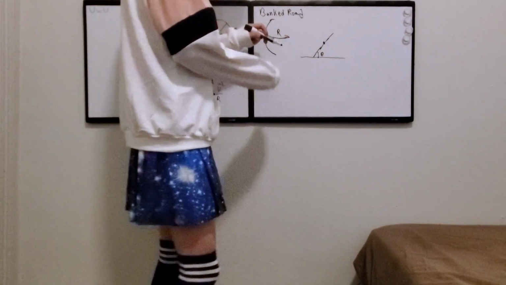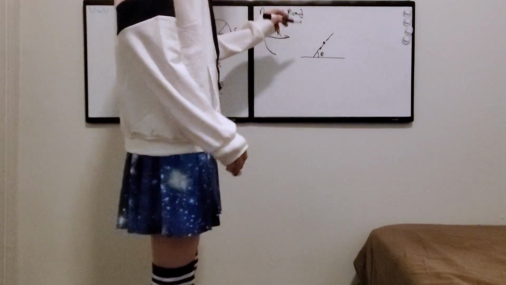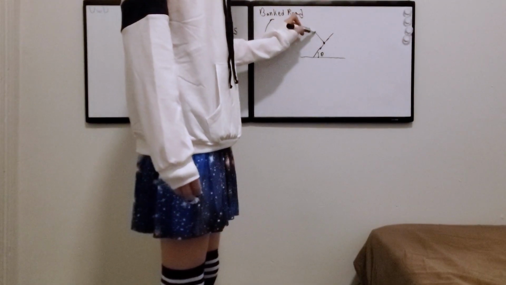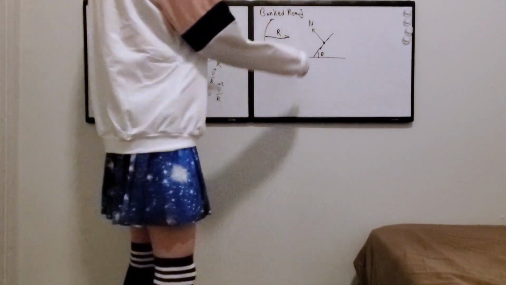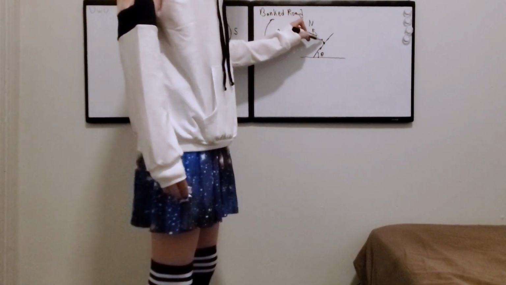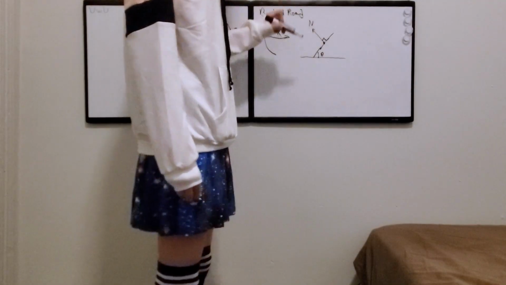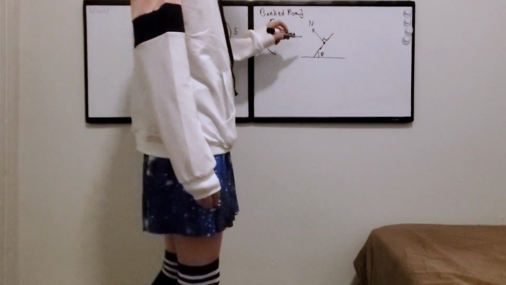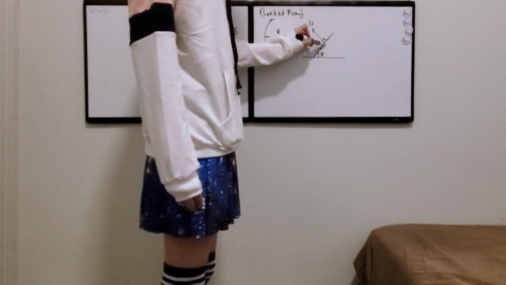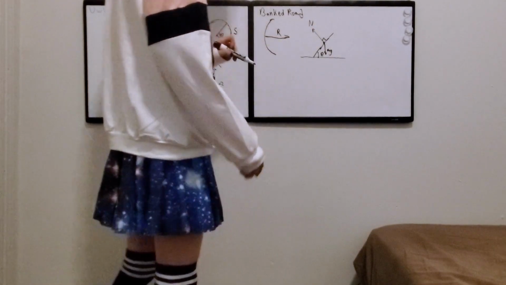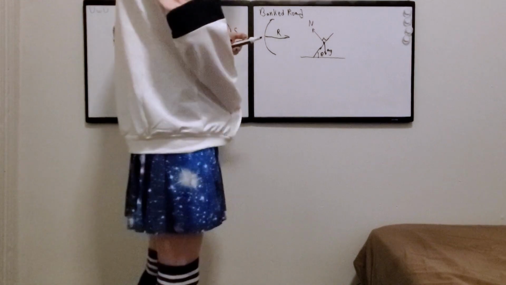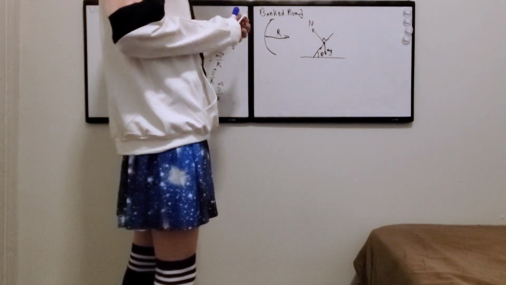So if we do our free body diagram, we can get N, our normal force here, which is not tangential, but normal to the road. And so we also have gravity here, mass times gravity. So I'm going to use a different color for this.